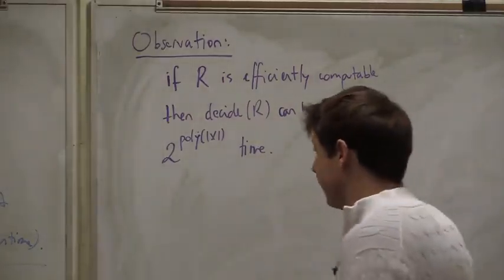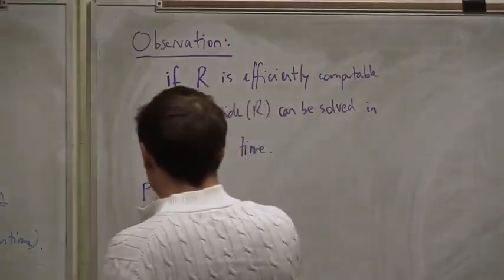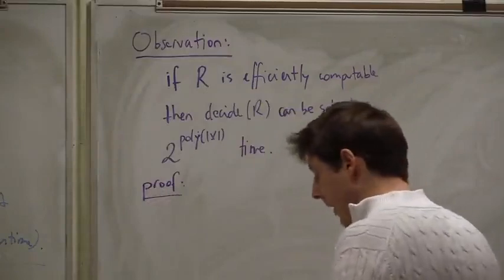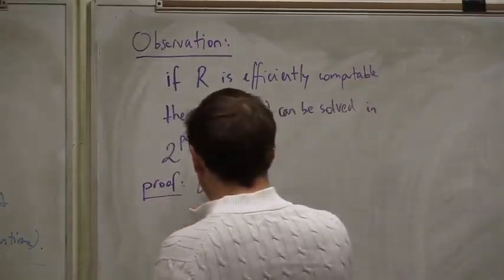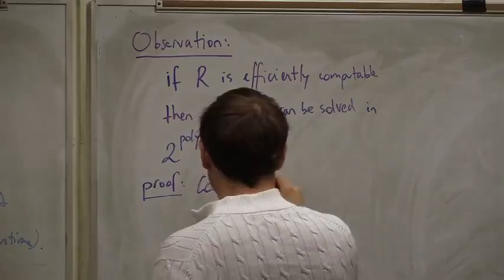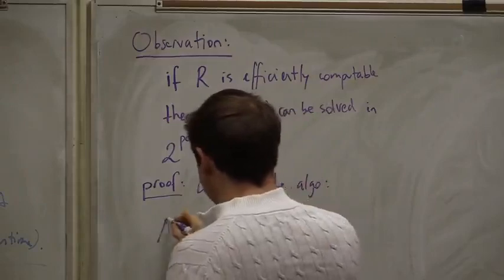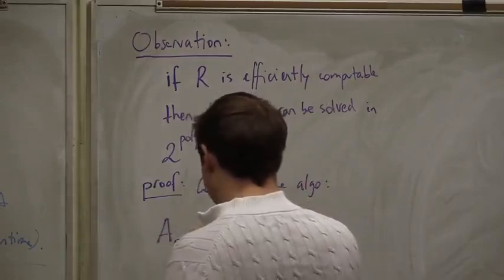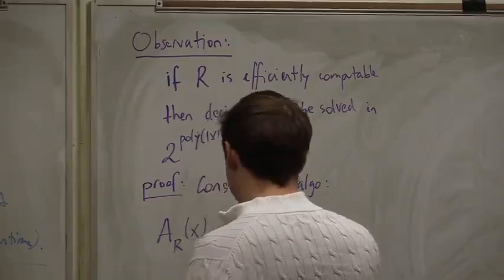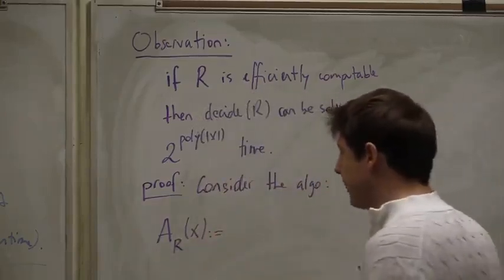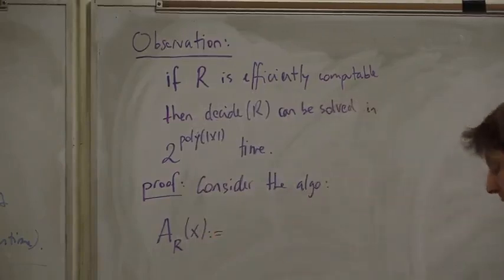Okay, this at least puts some calibration. That's something, right? So let's look at the proof. Its proof is pretty simple. Consider the following exponential time algorithm, let's call it A sub R of X. We want to solve the decision problem associated to R. We receive X as input, and we need to decide, is there a witness?